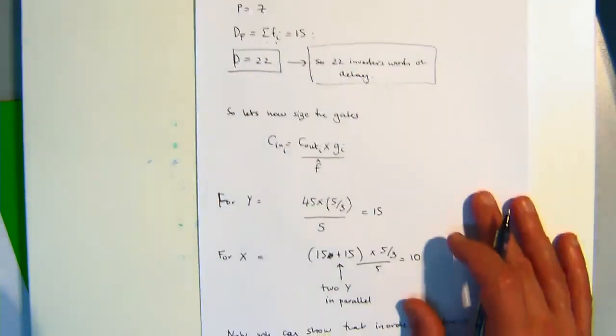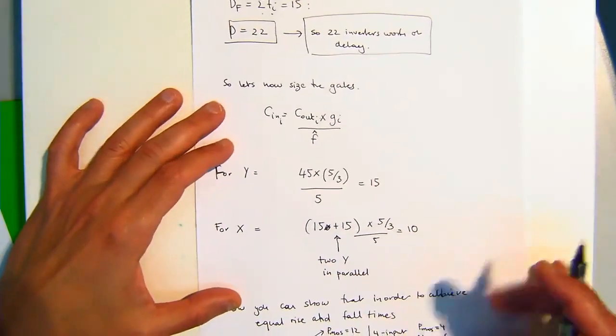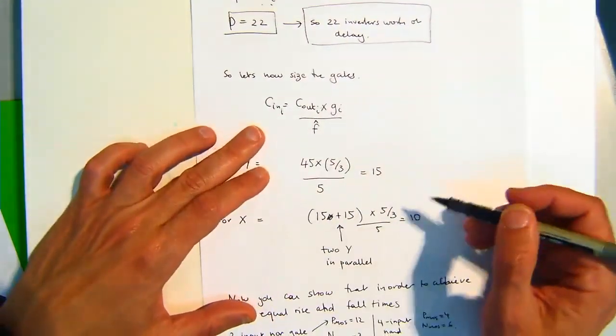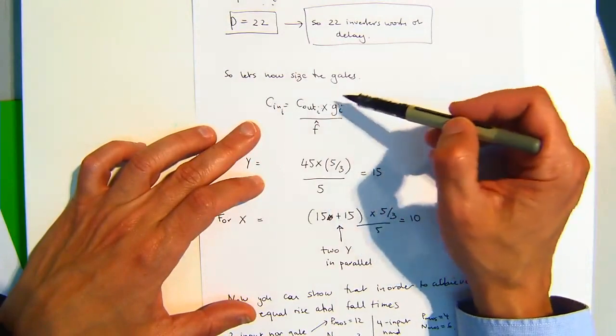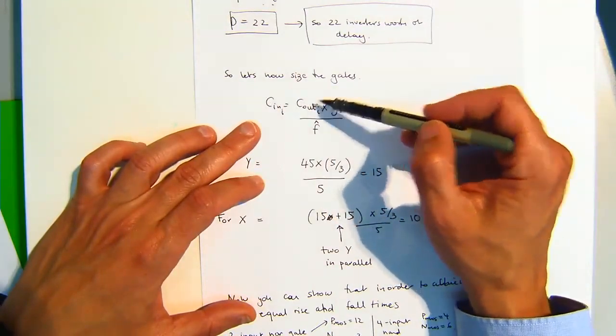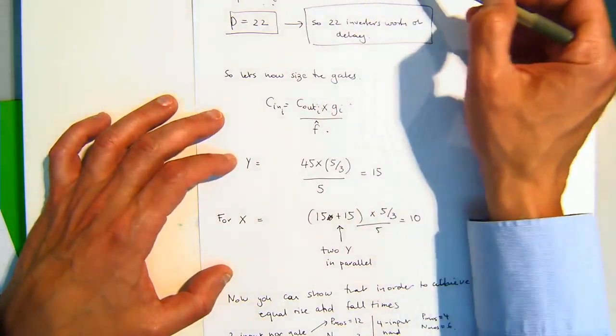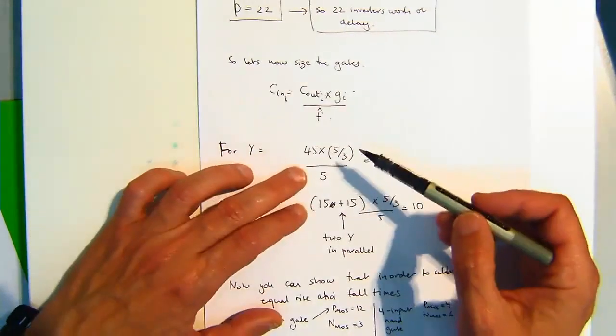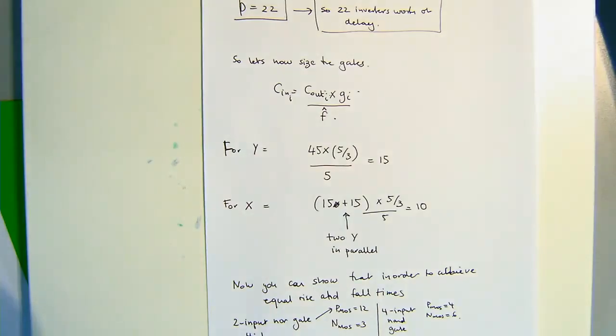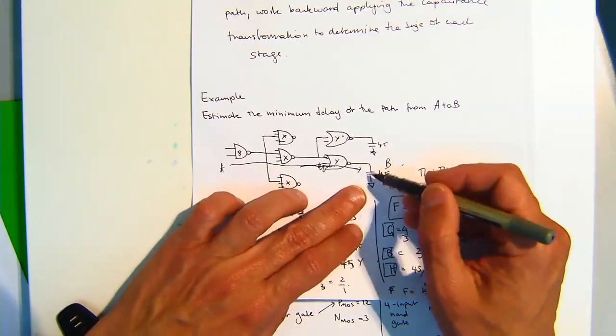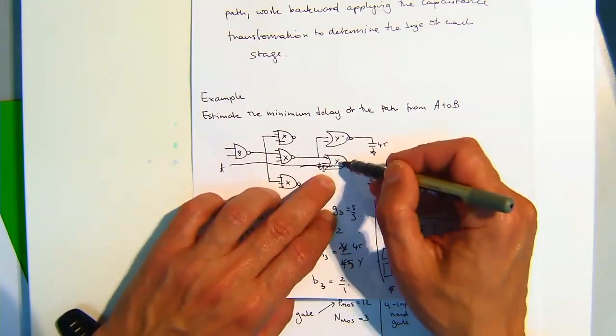Okay, so now let's size the gates. We know that it's C out times GI on F, and here we've said F is 5. So if we look at this circuit, we know the output's 45. How big should Y be?